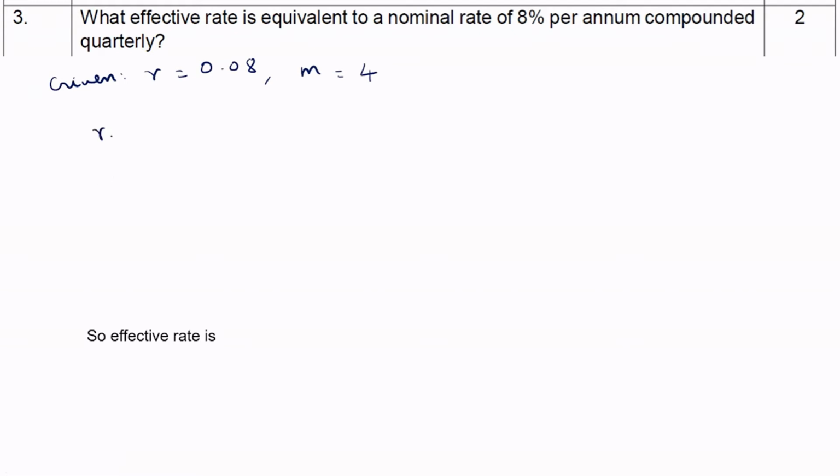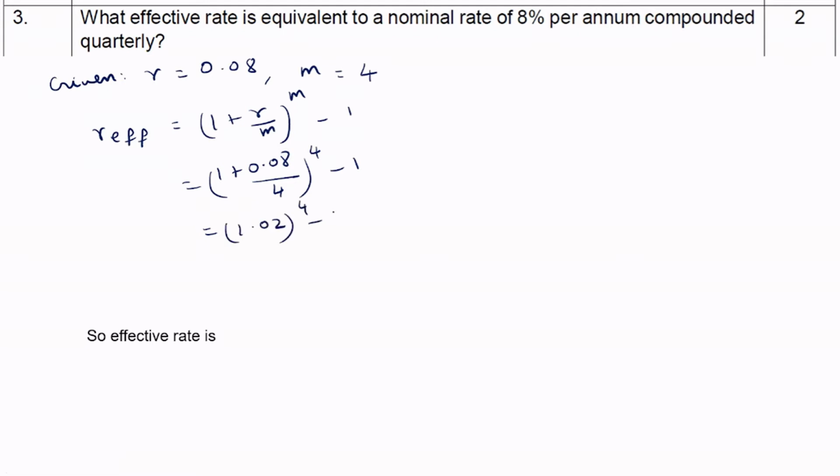So effective rate is given by (1 plus R by M) the whole raised to M, minus 1. So it is 1 plus 0.08 by 4, the whole raised to 4, minus 1. So it is 1 plus 0.02 the whole raised to 4, which is 1.02 the whole raised to 4 minus 1. 1.02 the whole raised to 4 is 1.0824, minus 1.